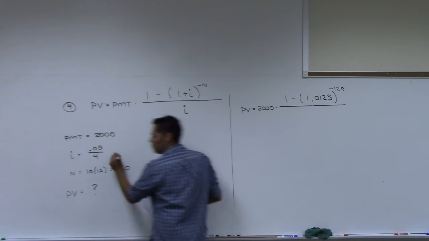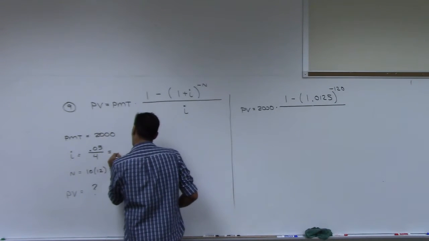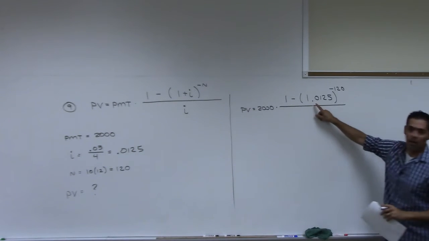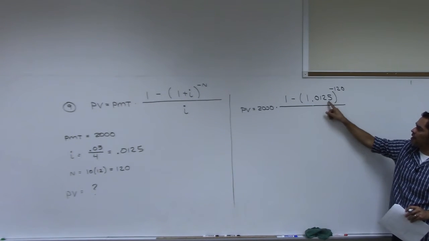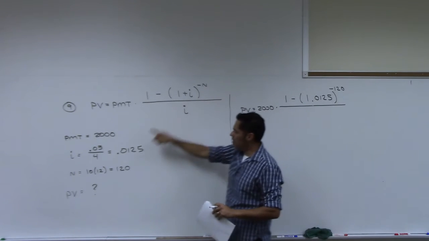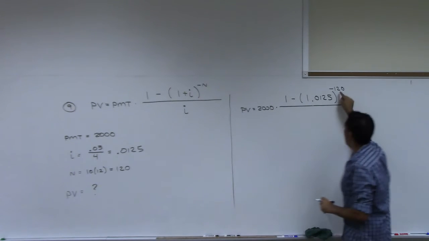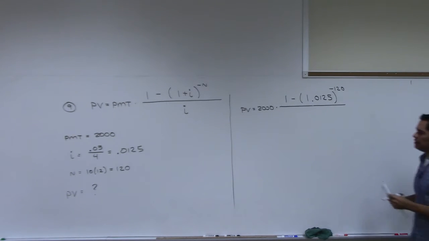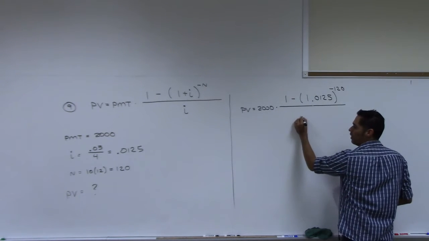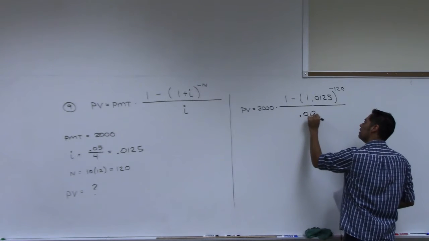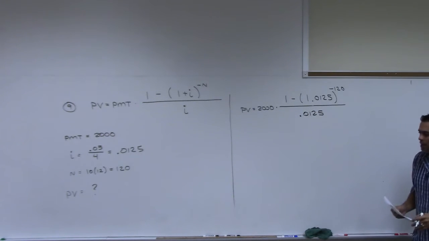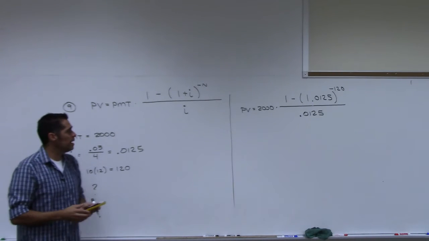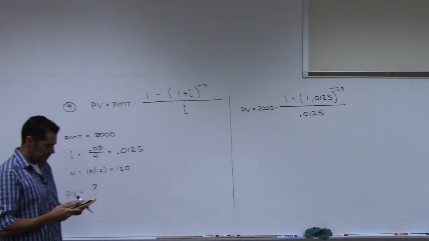Let me write down what this is. This is 0.0125. That's where I'm getting this from. All right, 1.0125 comes from 1 plus I. Here's what I is. And then negative 120. Do not forget that negative. If you make it positive, it's going to be over. Okay, because of time, let me just grind that calculation out. I'm going to grind the whole thing out and see what I get.